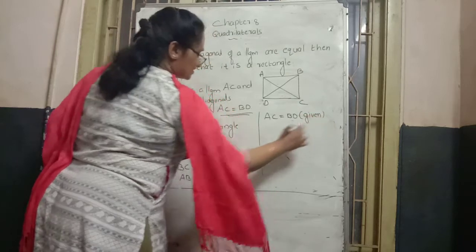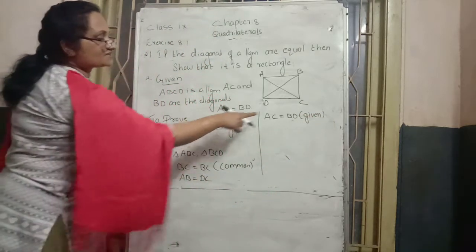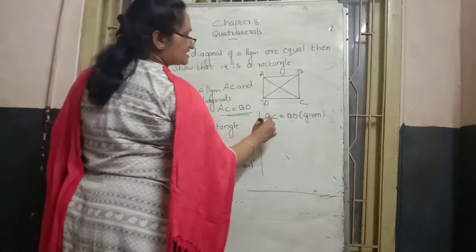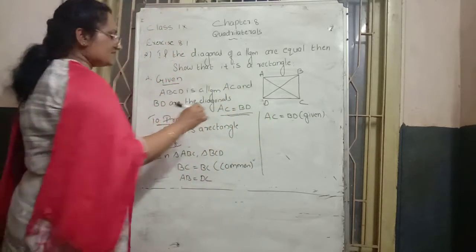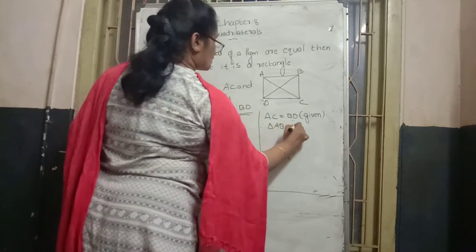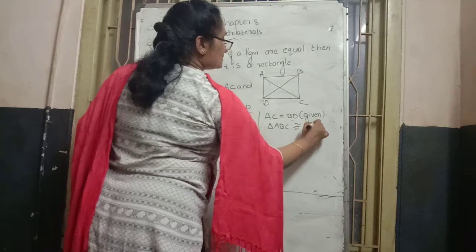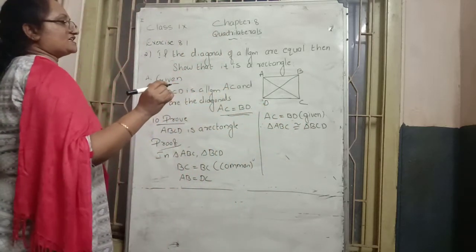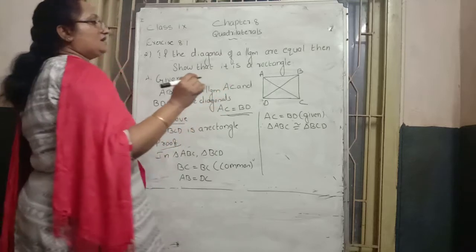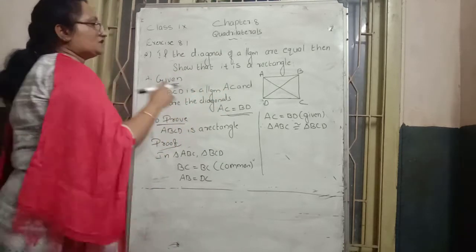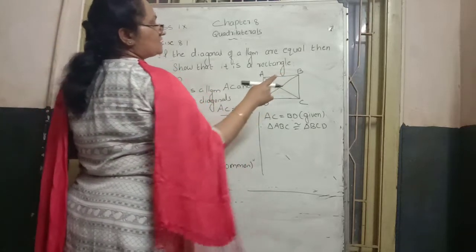All these three conditions are related to sides. That's why we can say that triangle ABC is congruent to triangle BCD. By CPCT, their corresponding angles become equal.